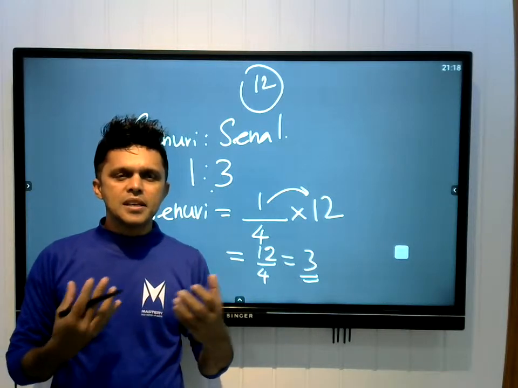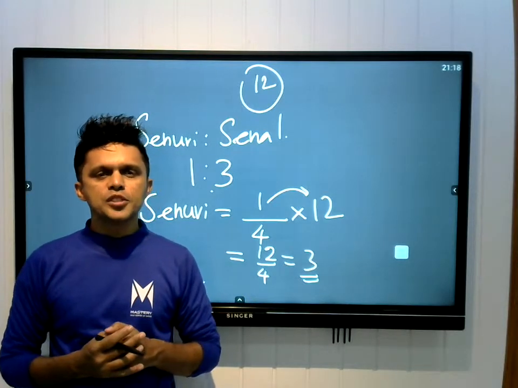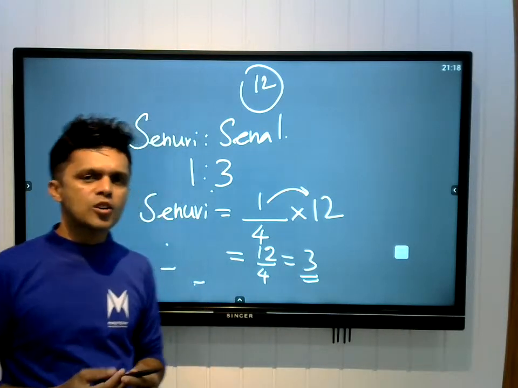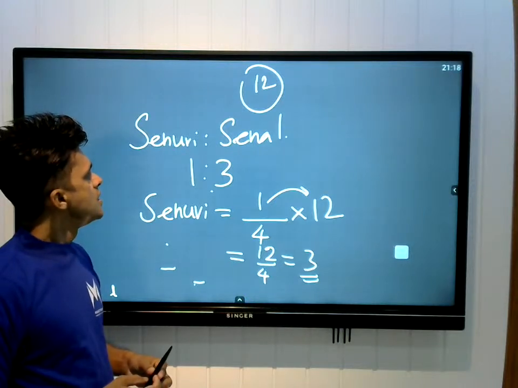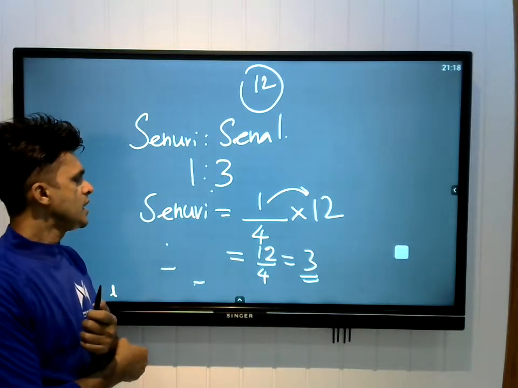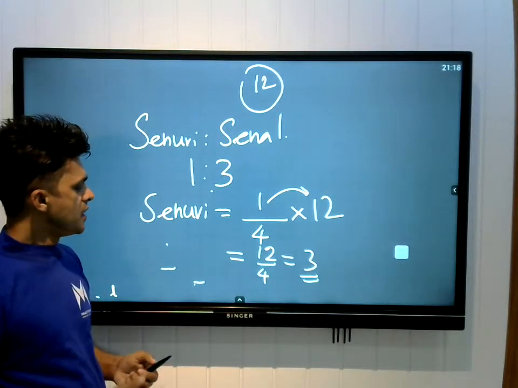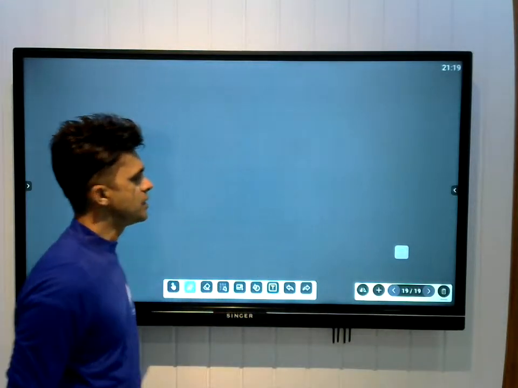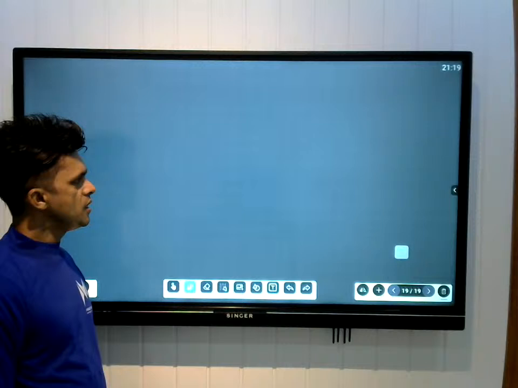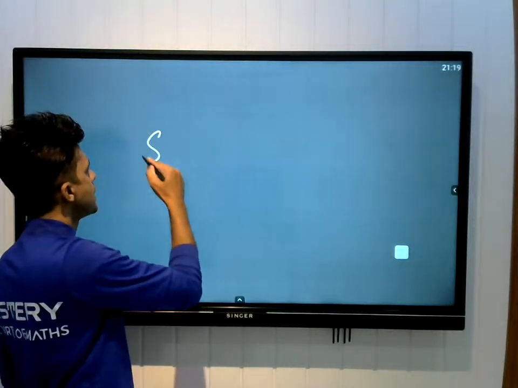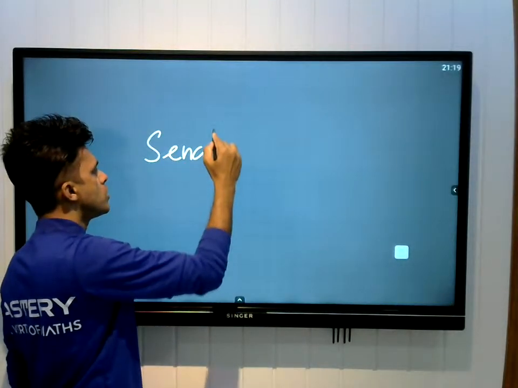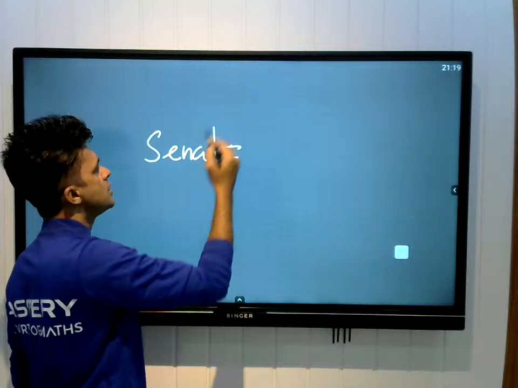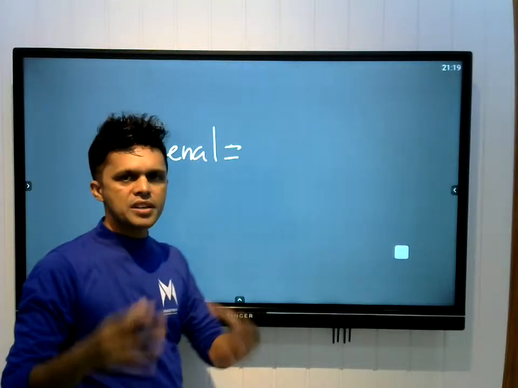So let's see mangoes taken by Senuri. How can we get the mangoes taken by Sena? 12 mangoes were divided.